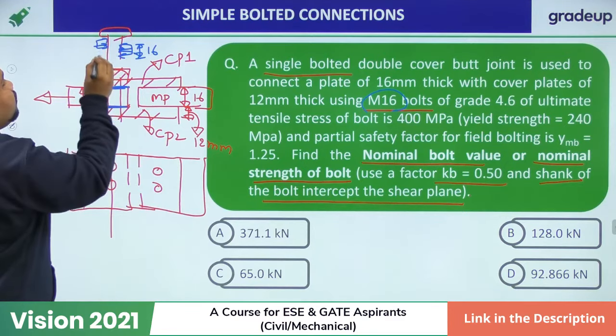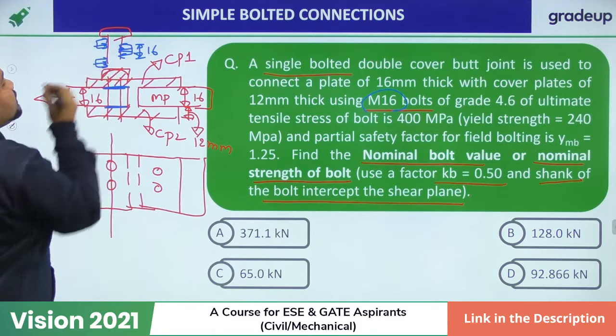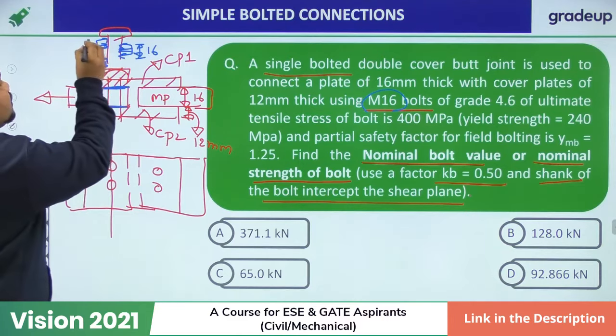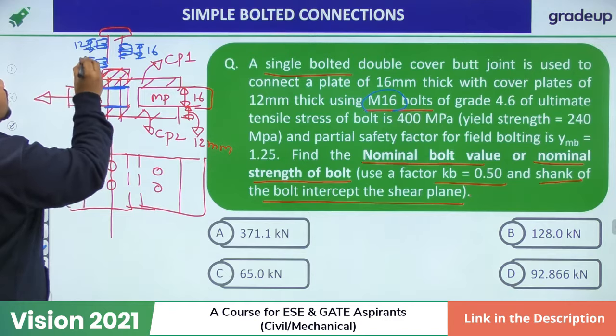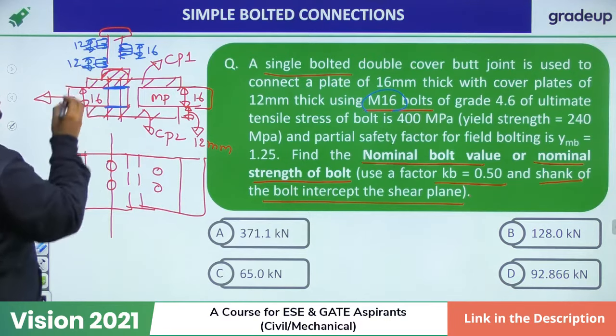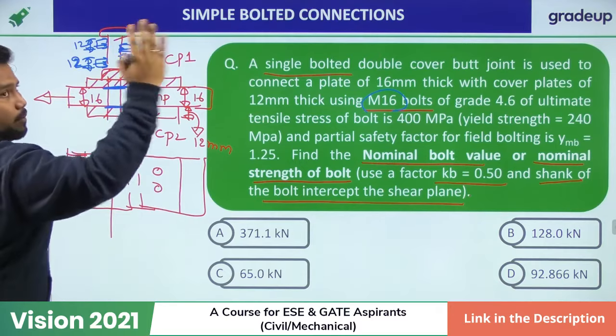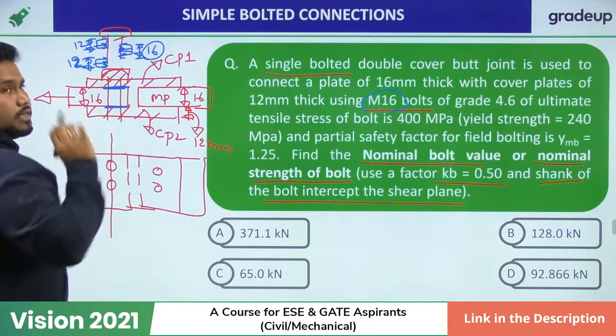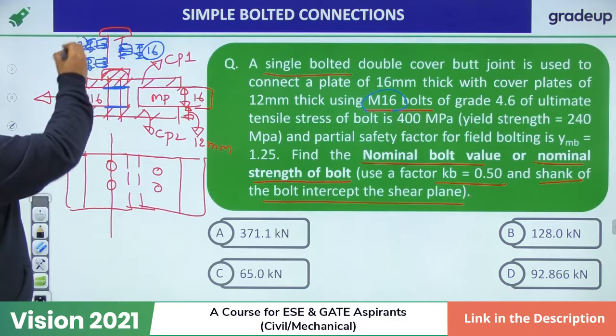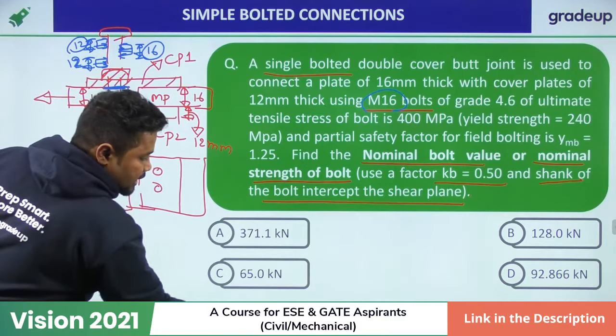So this thickness is 12 and this thickness is also 12, right? Now you tell me, main plates are experiencing bearing stress from right hand side to left hand side, which is 16, whereas cover plates are experiencing bearing stress in another direction.